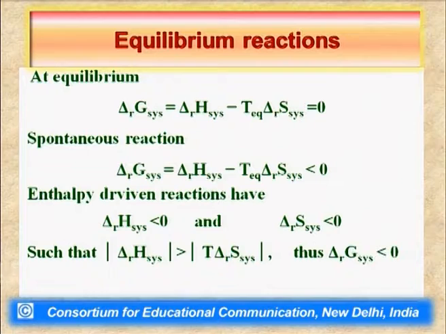Coming over to enthalpy driven reactions, the reactions in which entropy of the reaction system decreases. In this formula, as you can see, delta_r S system is a positive value for an entropy increase, and T equilibrium is the equilibrium temperature at which the reaction is being started, so T delta S is a positive value, and with the minus sign it becomes a negative value.